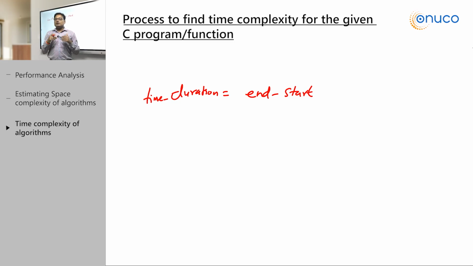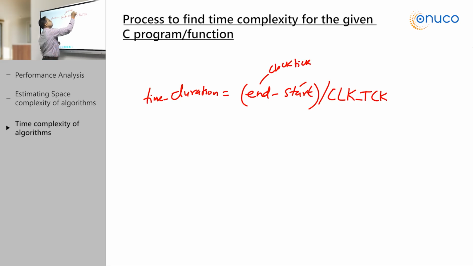In our real life, we know the time units are seconds, minutes and hours. So our duty is to convert this clock tick into seconds. There is a C function constant called CLK_TCK, in uppercase, that will convert this time into seconds.